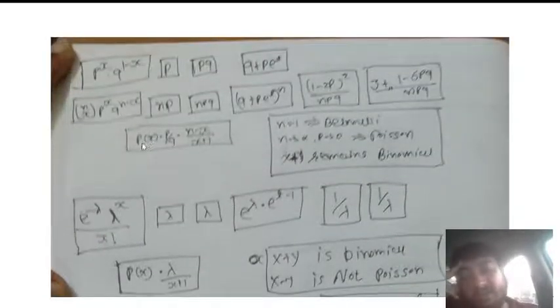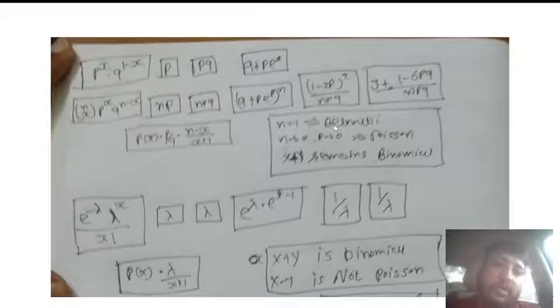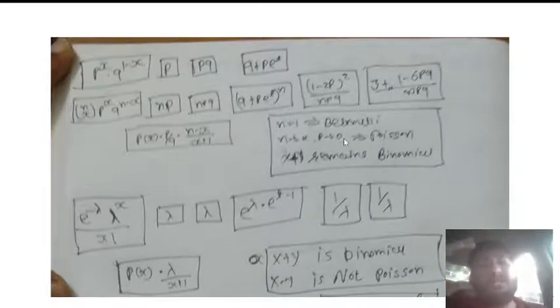So the recurrence formula for the binomial distribution is p of x plus 1 equal to p of x into p upon q into (n minus x) upon (x plus 1). If n is equal to 1, the binomial distribution turns into the Bernoulli distribution. If n tends to infinity and p tends to 0, meaning the sample size is very large and the probability of success is very low, then it turns into the Poisson distribution.